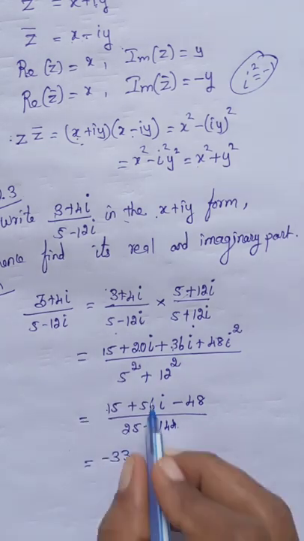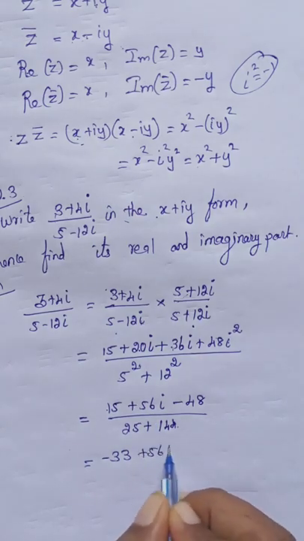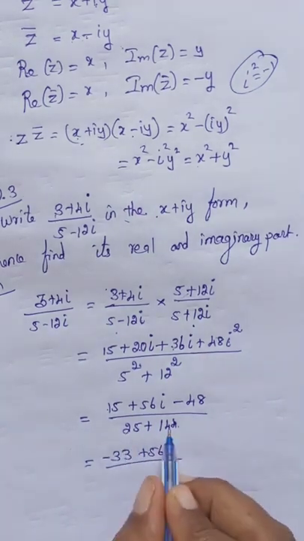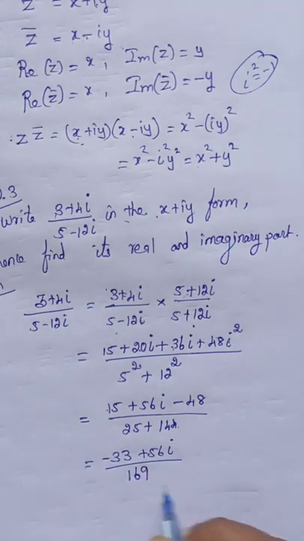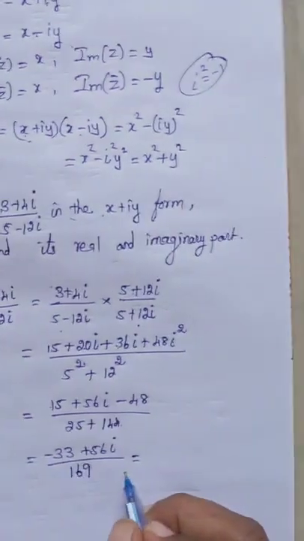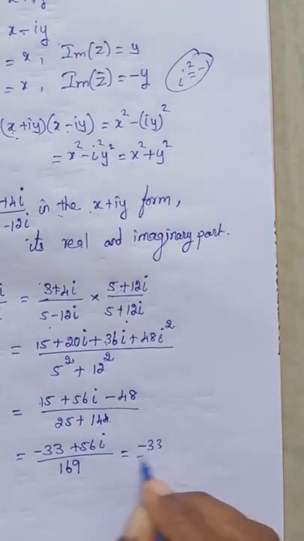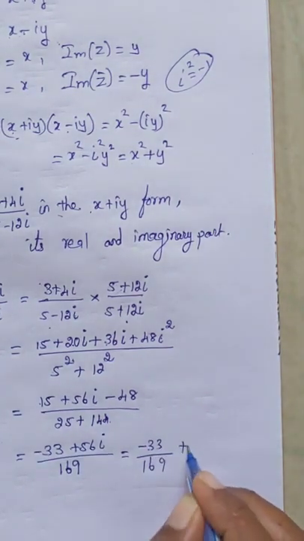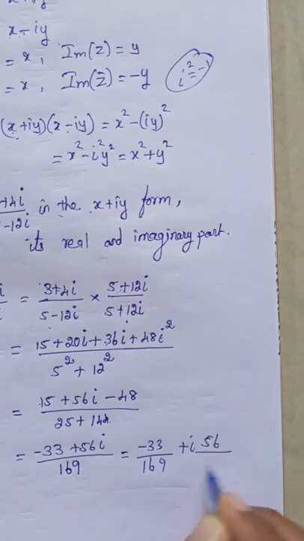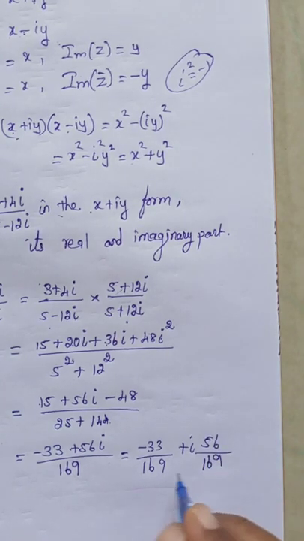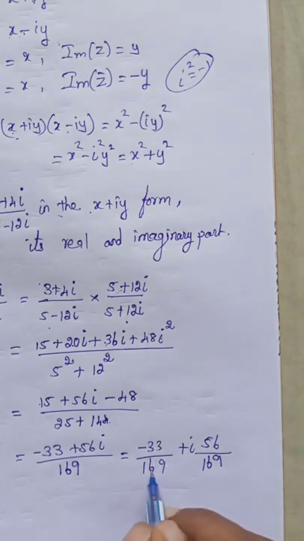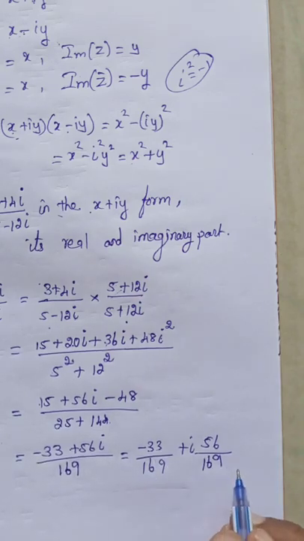That is, minus 33 plus 56i divided by 25 plus 144, which is 169. So now I am going to write it as minus 33 by 169 plus i into 56 by 169. Is that clear? This is of the form x plus iy.